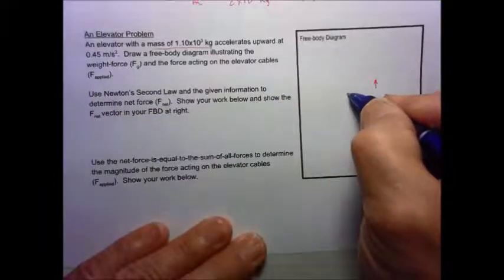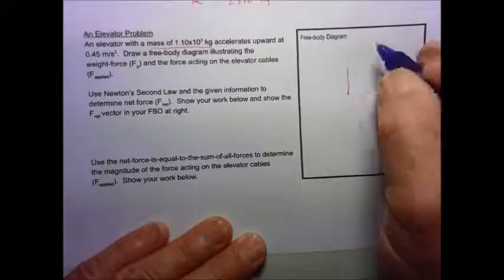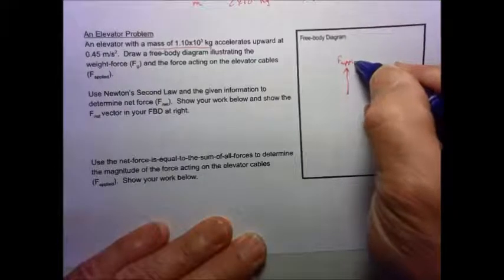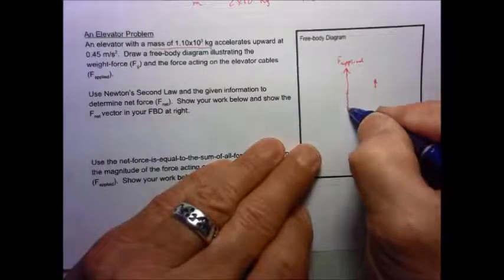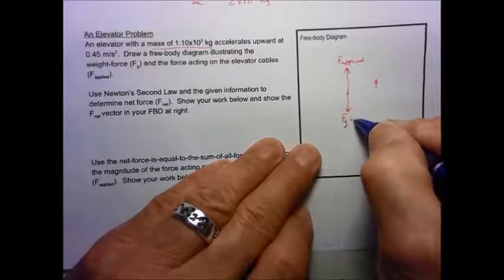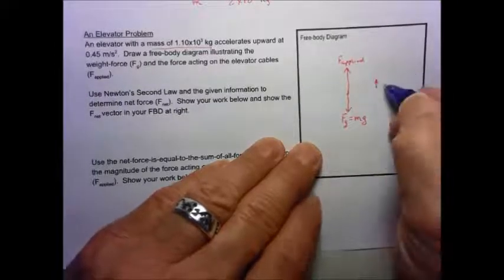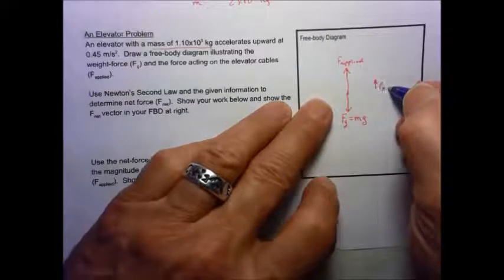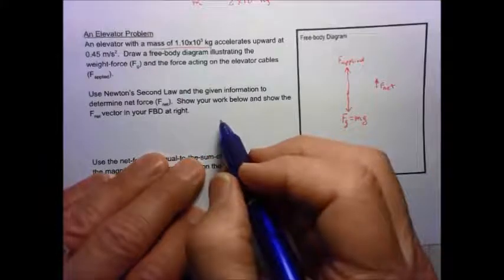So drawing a free body diagram, there is some force applied on the cables, and there is some force of gravity, and then there is some net force which is causing it to accelerate upward.